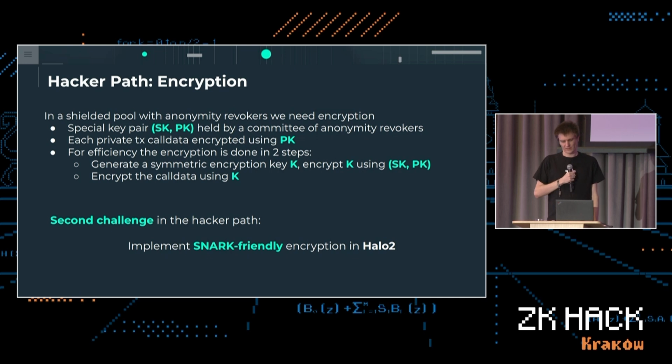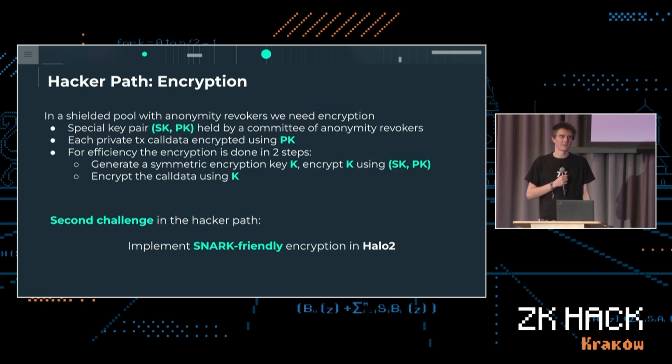There is this issue with all privacy protocols: if you make privacy completely permissionless, if you don't put any limitations on who can join and who can leave and when, then certain bad actors will use your protocol, as some of you might have heard about Tornado Cash, and this is obviously bad.